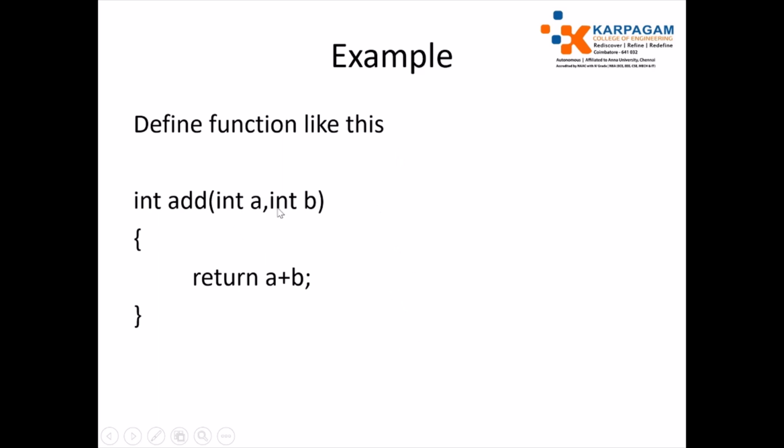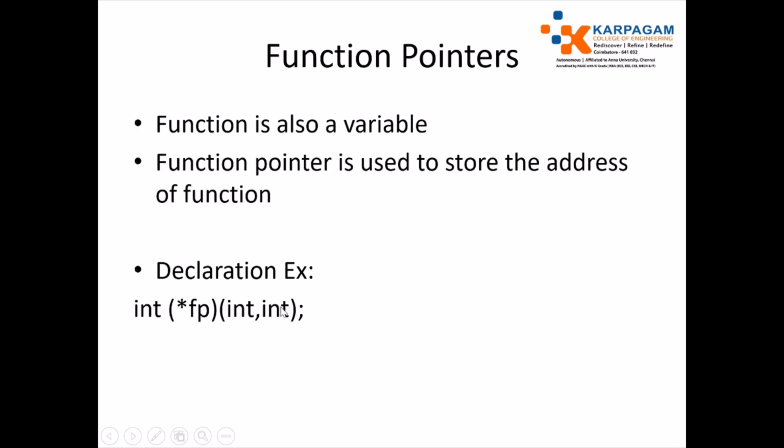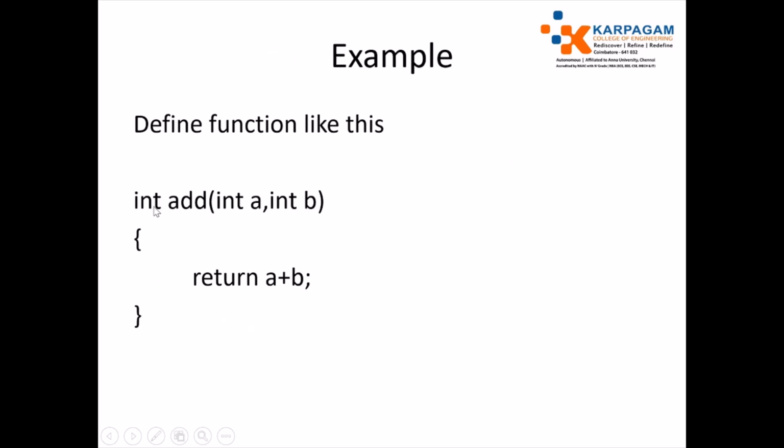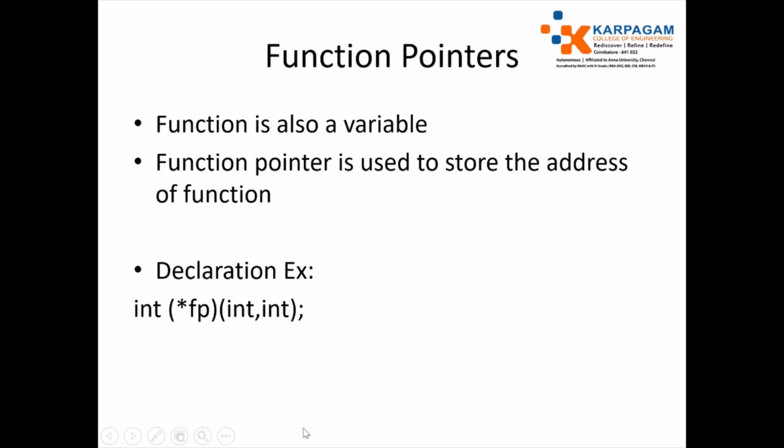I have two arguments of type integer. If your function accepts one argument, just mention one integer. The return type is integer, so I have mentioned the return type as integer here. Before that, I have used parentheses to separate the function pointer variable with the star. This is an example of function pointer declaration.